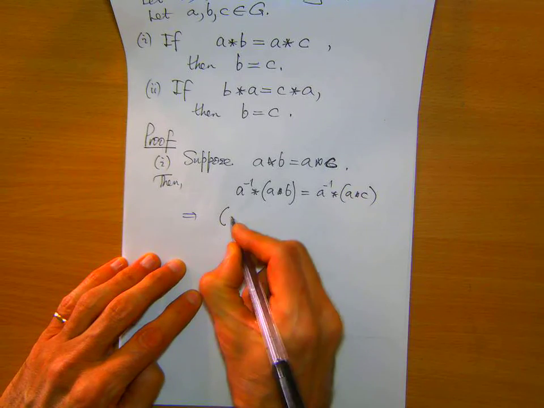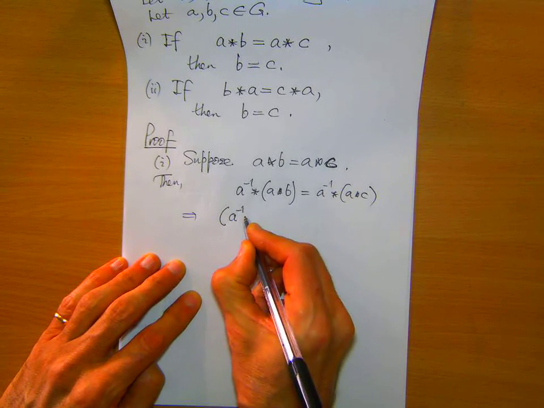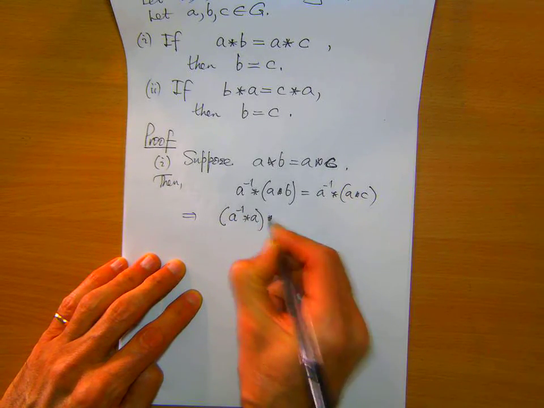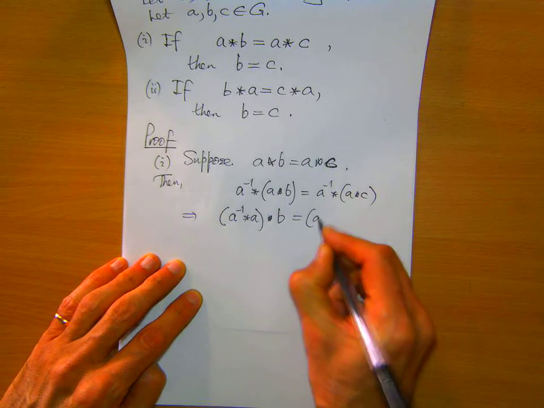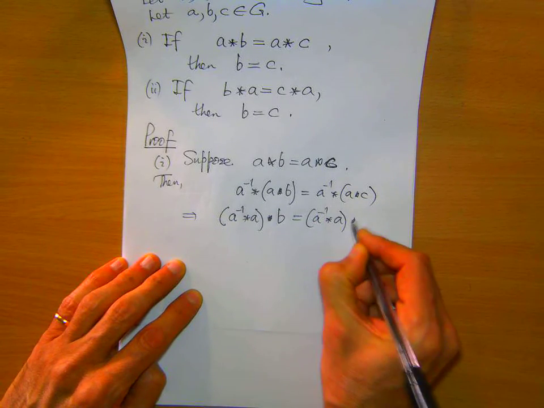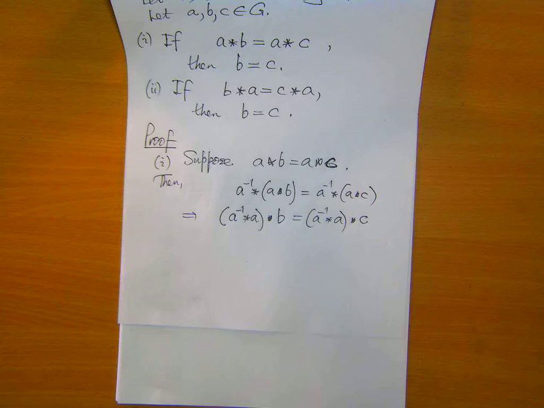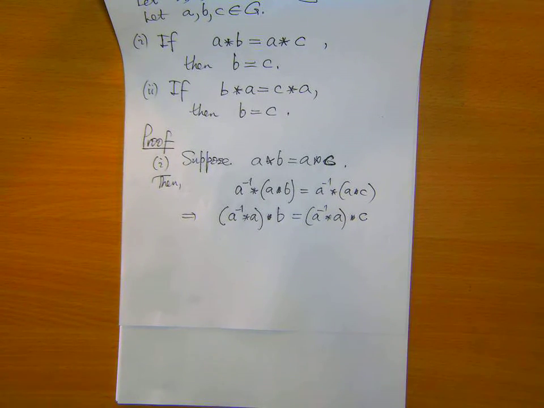So I'm going to move the brackets using associativity, because our binary operation is associative. So the right-hand reason there is using associativity of star, because remember we're working in a group, so we do have associativity.